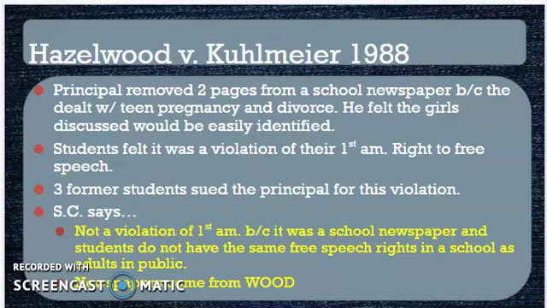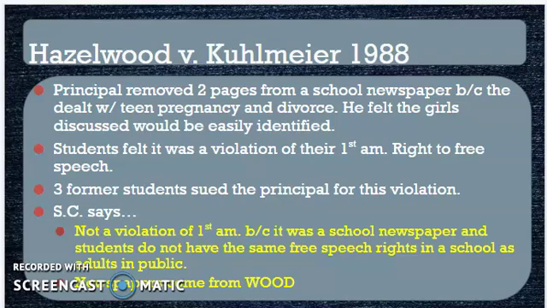Think about this. Tinker versus Des Moines, they were not causing an issue. They were not being disruptive. There was no hate speech involved, and it was not school sponsored. That's the big difference. Hazelwood versus Kuhlmeier was a school-sponsored paper saying something that contradicts the values of what the school believed.